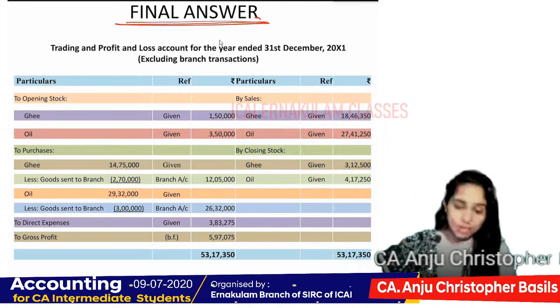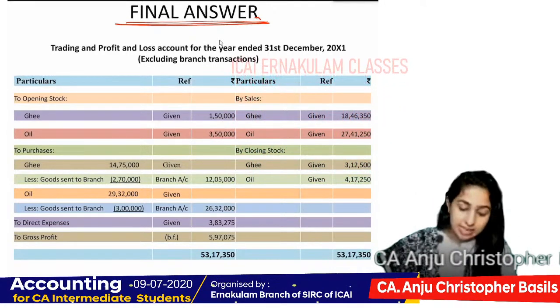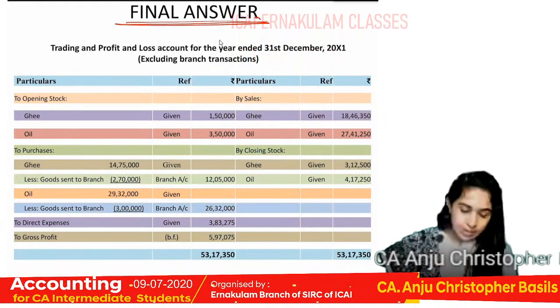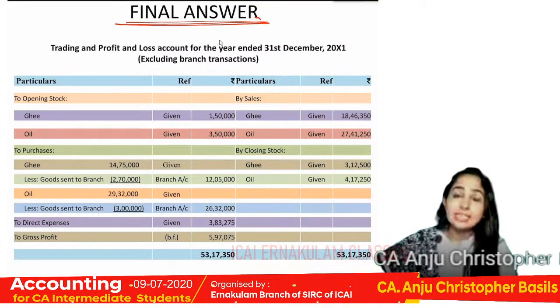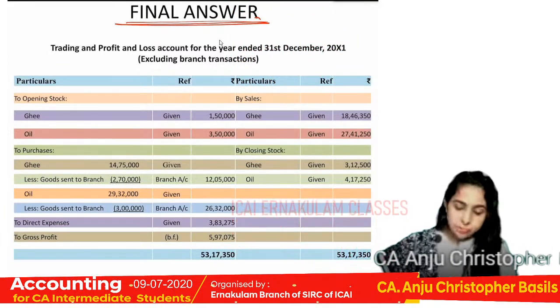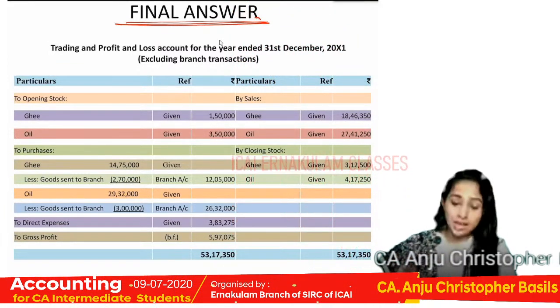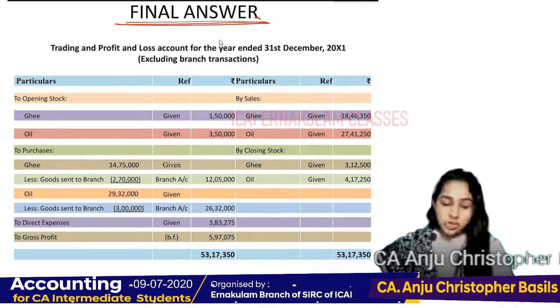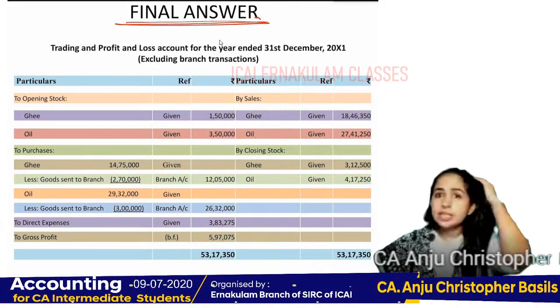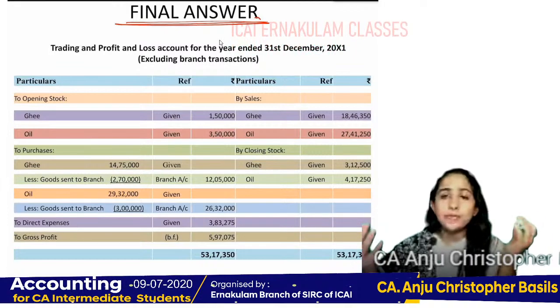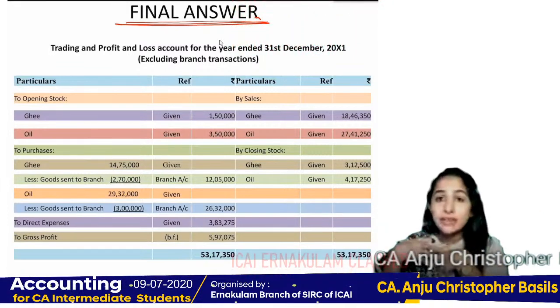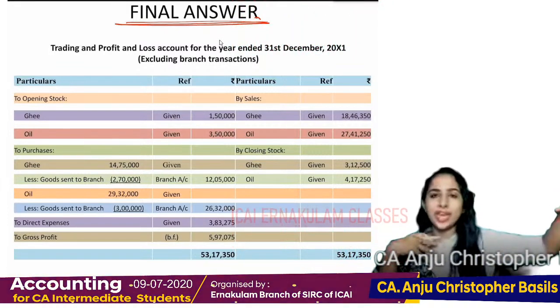Cash sales is given. Let's wait for this. Cash sales and credit sales is given. Let's wait. Cash received from debtors is also given. Fine. Cash paid by the branch directly to the head office. Listen, a few direct debtors gave us the amount and we remitted it to the head office.